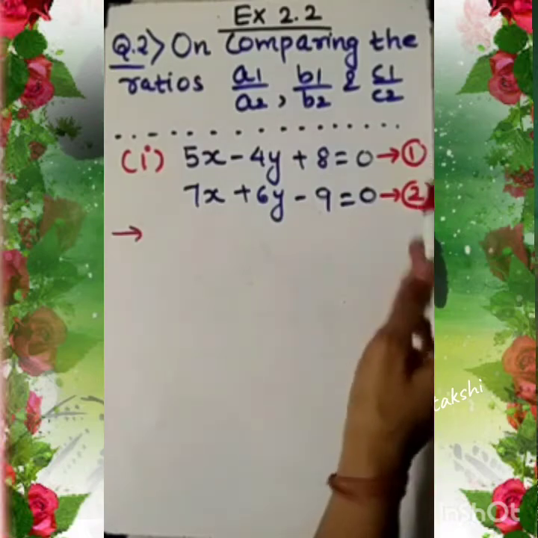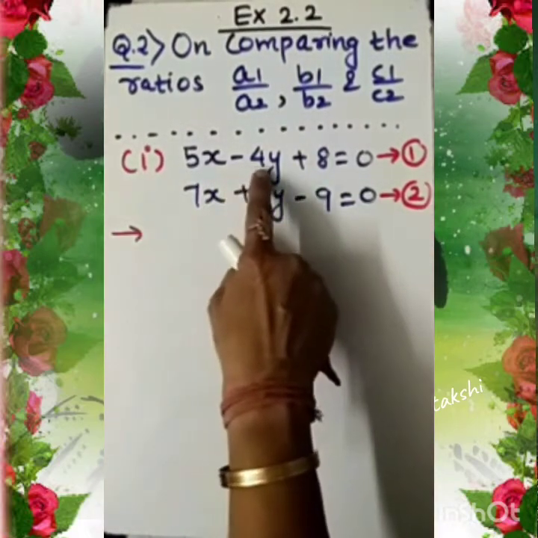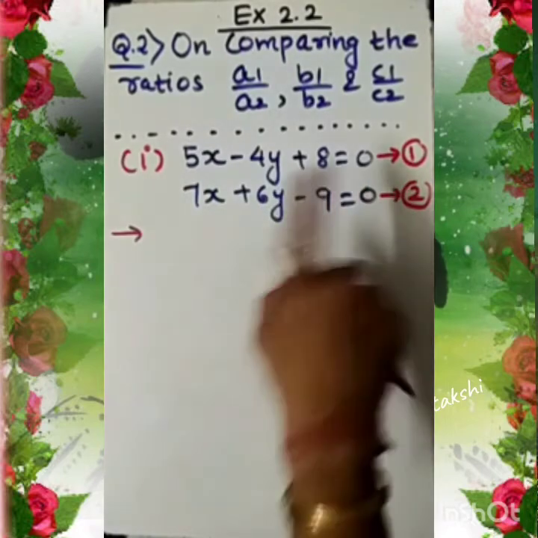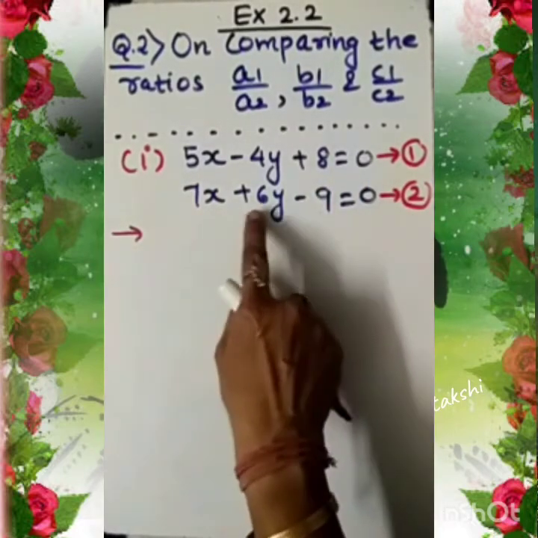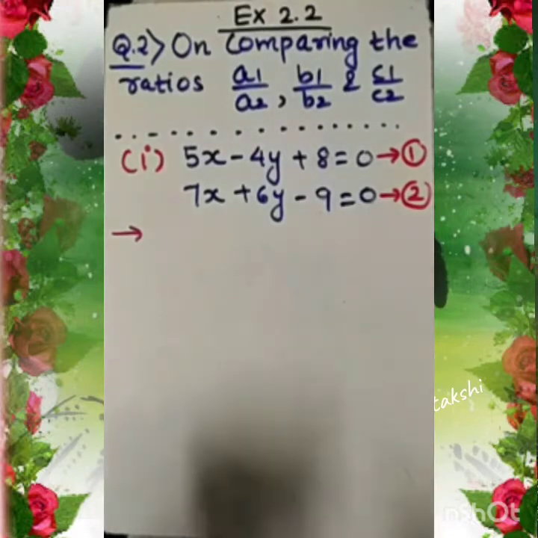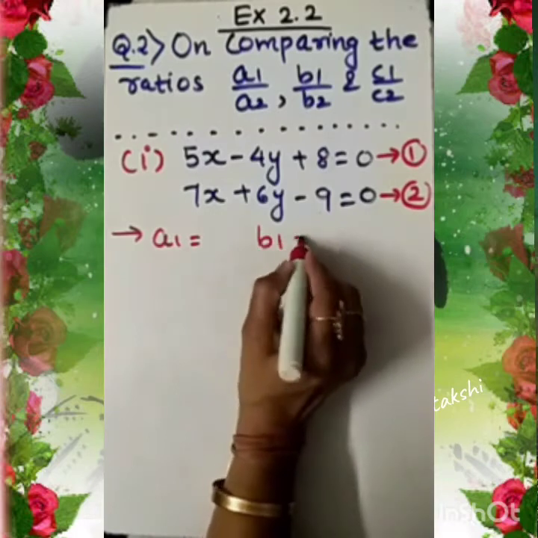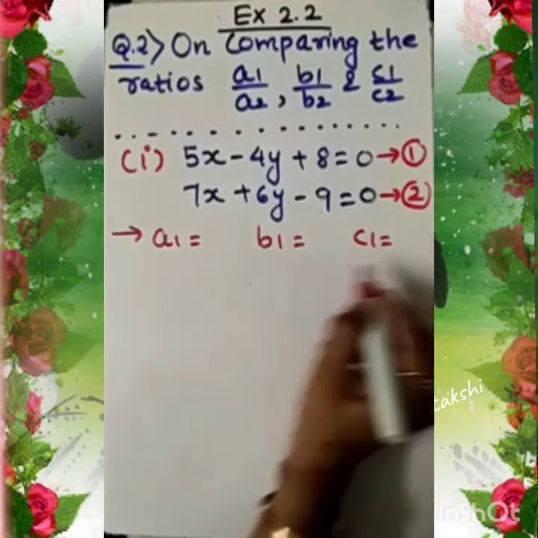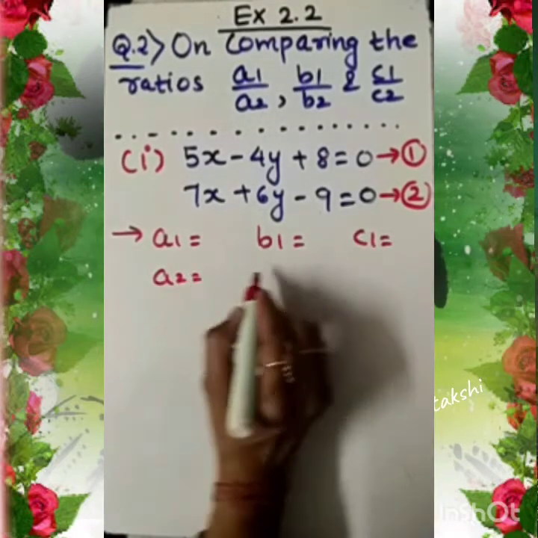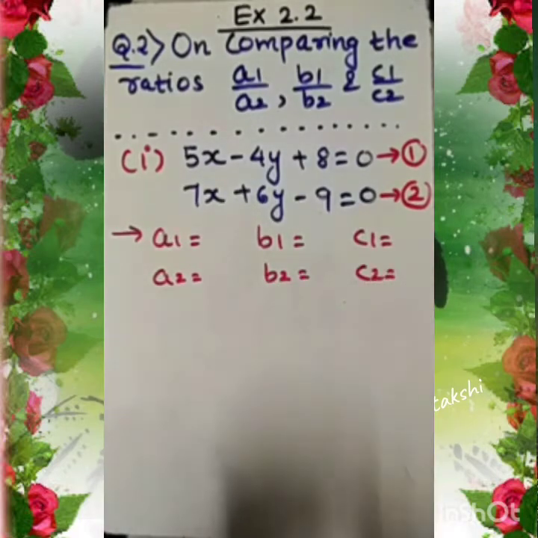They are already in general form, because they are a1x plus b1y plus c1 equal to 0, a2x plus b2y plus c2 equal to 0. Now, what is a1 here, b1, c1, and here a2, b2, and c2? We need to mention it here.